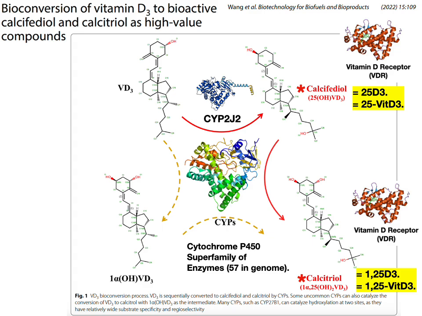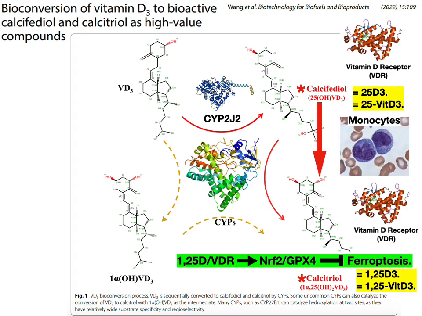Some uncommon CYPs can also catalyze the conversion of vitamin D3 to calcitriol with 1-alpha hydroxyvitamin D3 as the intermediate. Many CYPs, such as CYP27B1, can catalyze hydroxylation at 2 sites, as they have relatively wide substrate specificity and regioselectivity.